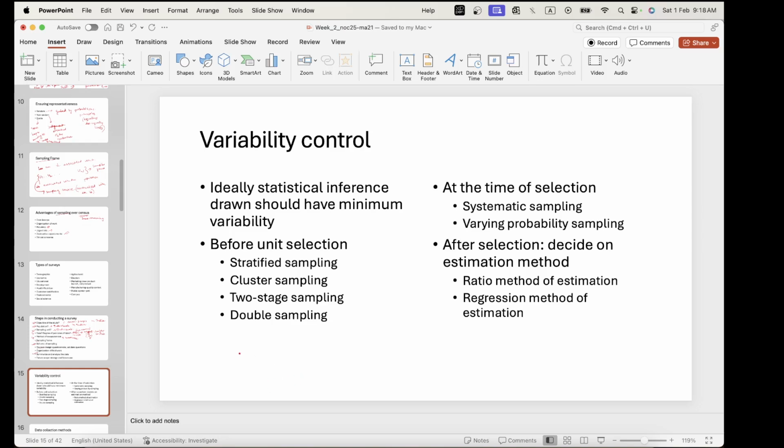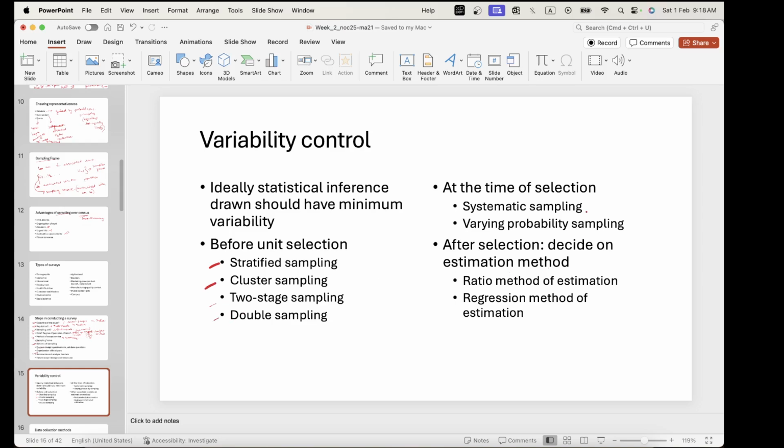So there are a couple of ways that one can undertake to ensure variability control. Before unit selection, we have to decide on the scheme of sampling. It could be cluster, it could be stratified, it could be two stage, it could be double.